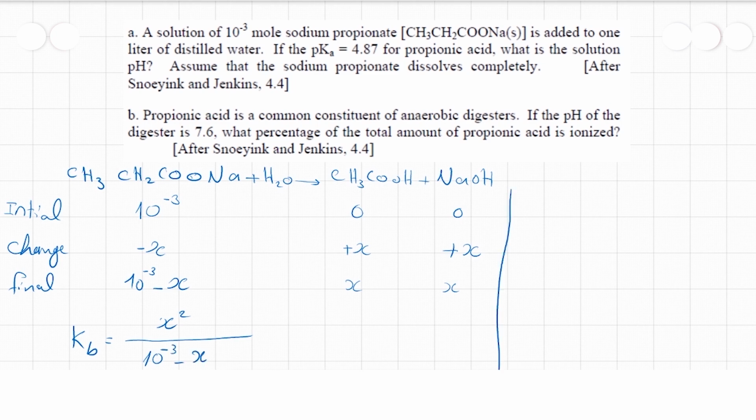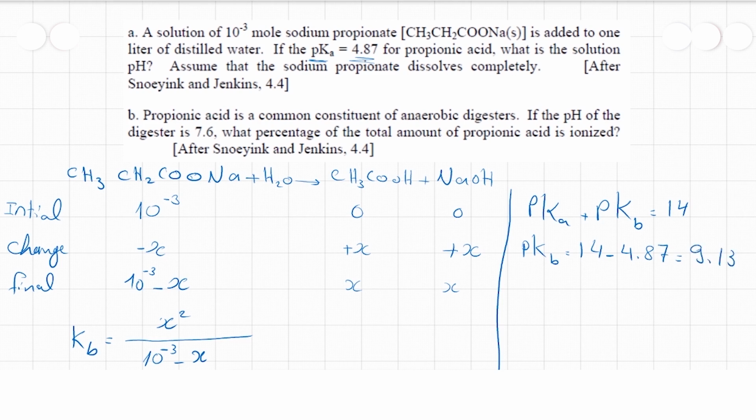First, we need to calculate the value of Kb because here we have the value of pKa. We know that pKa plus pKb is equal to 14. This means pKb is equal to 14 minus the value of pKa, which is 4.87, equal to 9.13.